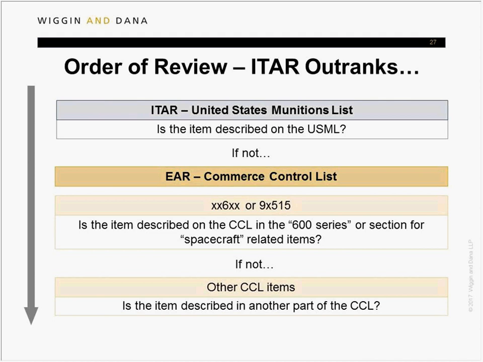And only after you've done that do you turn to the other parts of 9E, 9E9, 9E1, etc. And you go and look at the items there. And if you don't find it anywhere on the CCL, then you're at liberty to conclude that it is EAR 99. But you have to proceed in this order in order to classify your items. Of course, you may be in an industry where the items are never yours.